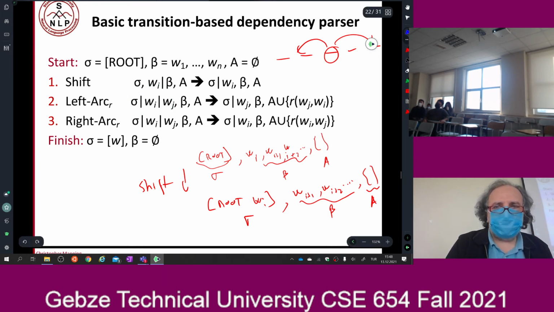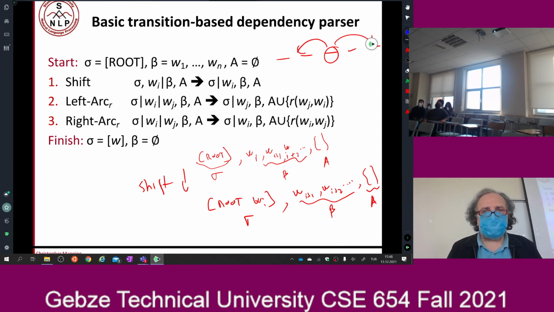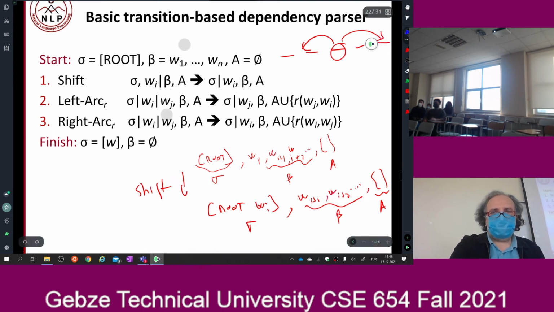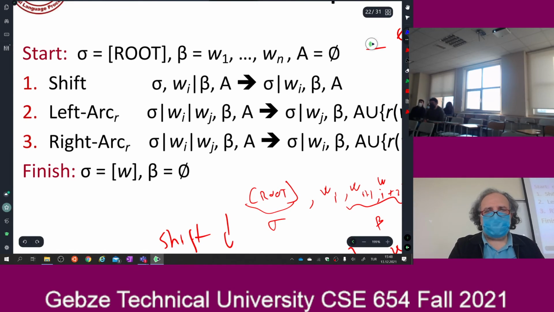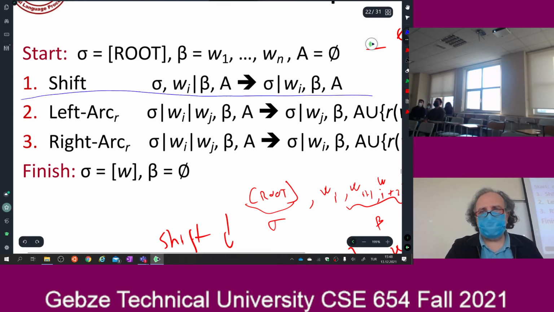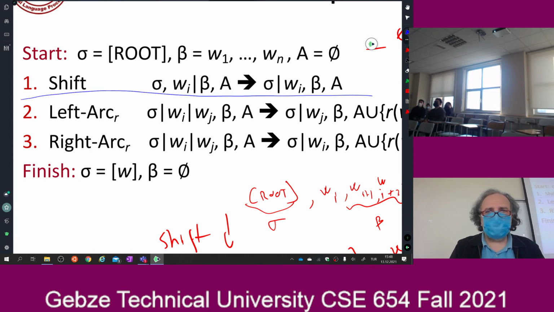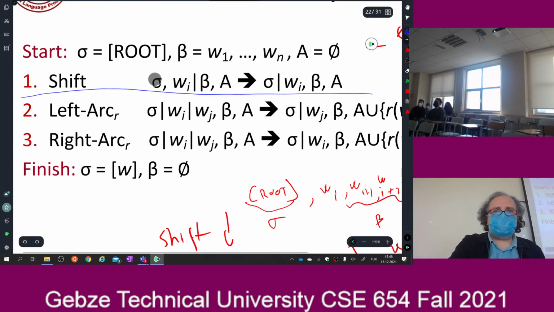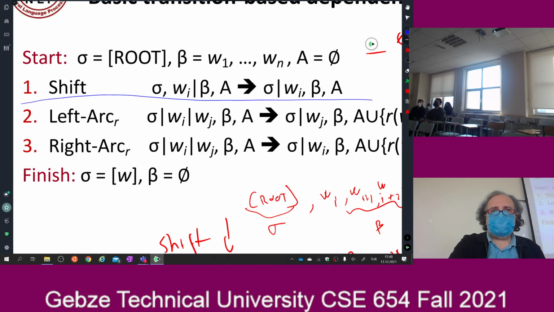You know Prolog, right? It's very similar to Prolog notation. Can somebody read this to me? Remember, sigma is our stack, beta is our buffer, A is the set of arcs.